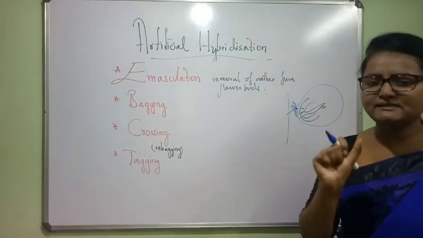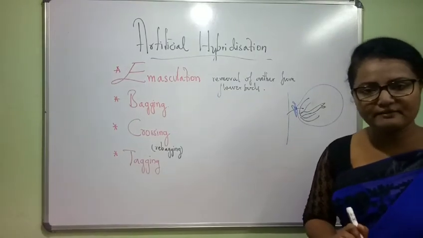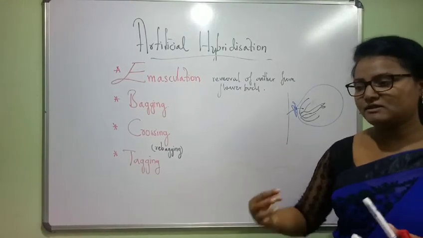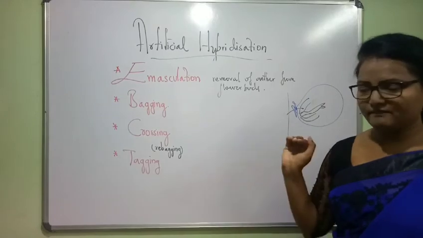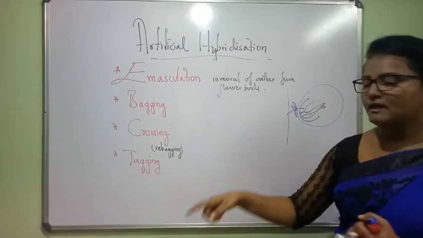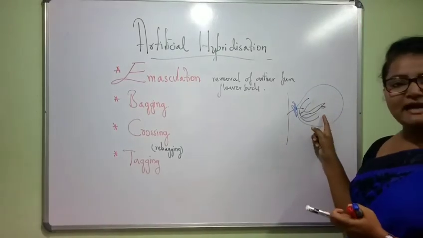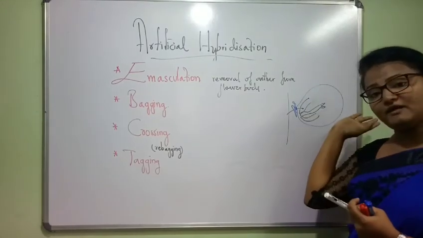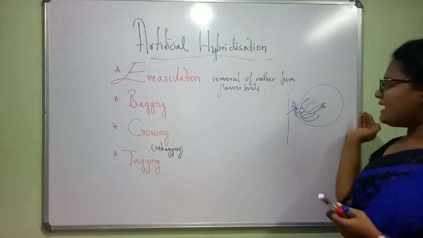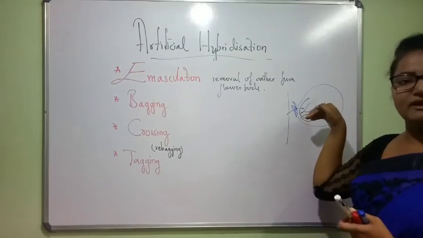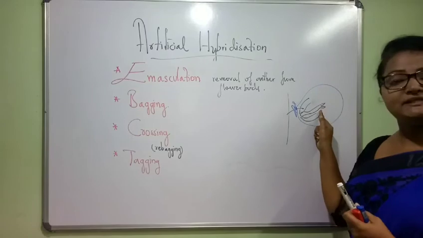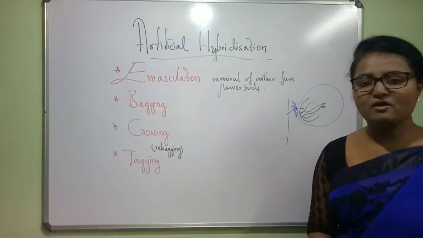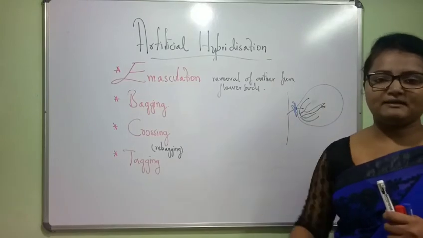Why bagging? Why is there a reason to cover the emasculated flower? The easy reason is, we know that by wind or some insects or birds there can be cross pollination. So why have we removed this anther? Because we need to dust the pollen from a different variety. If any other pollinating agent comes and dusts on this pistil, then there is no use of artificial hybridization, because we need a desired character.